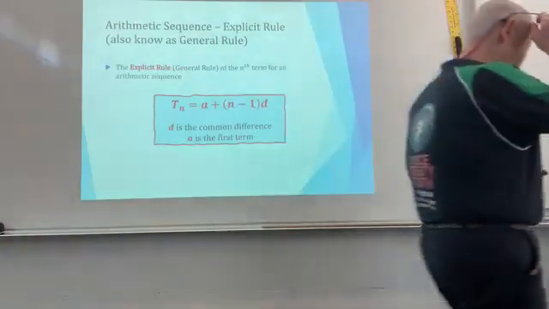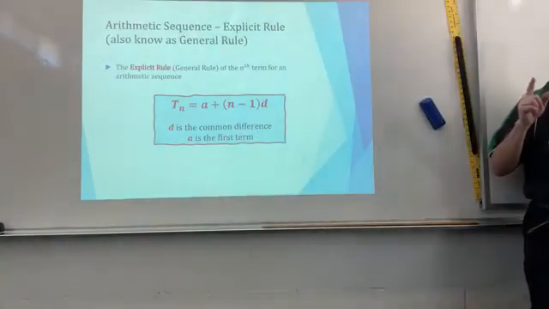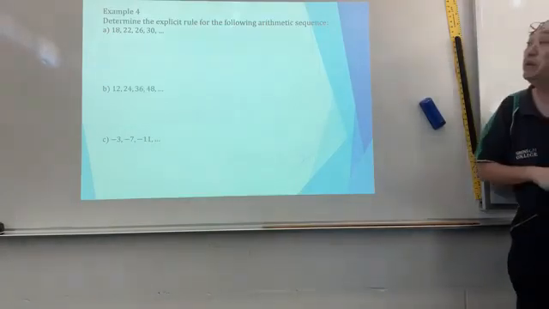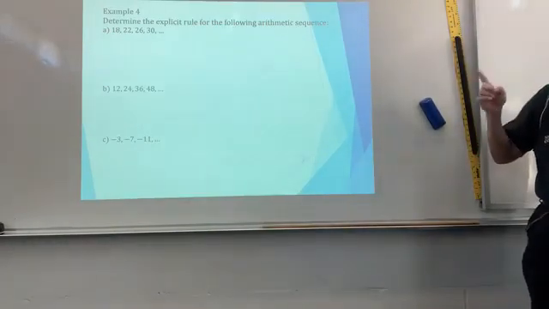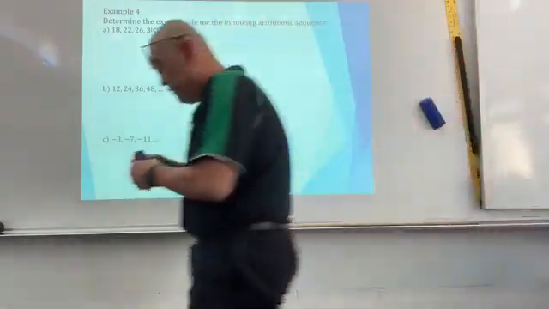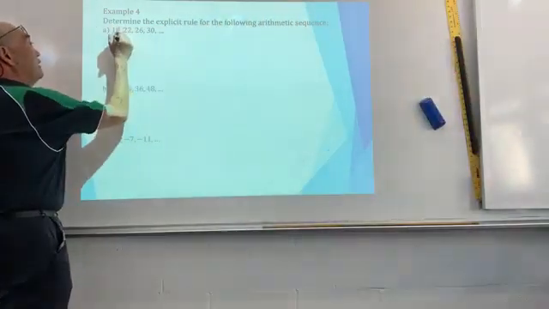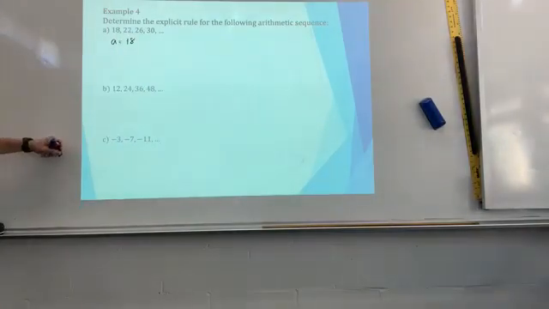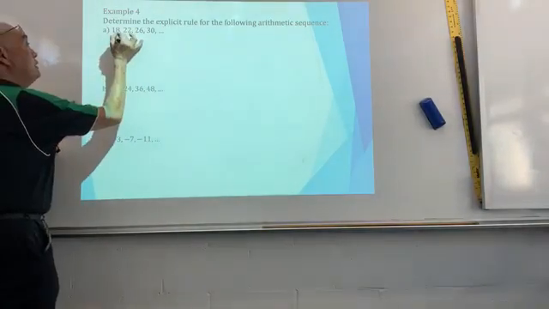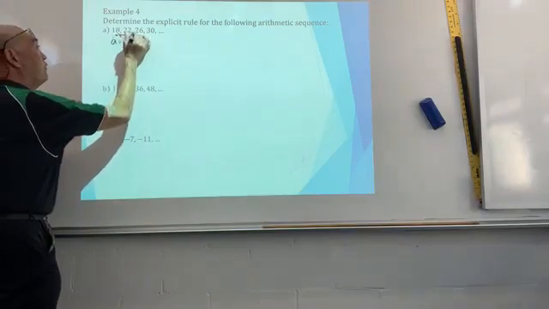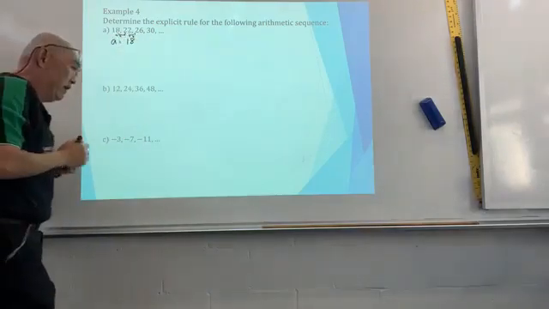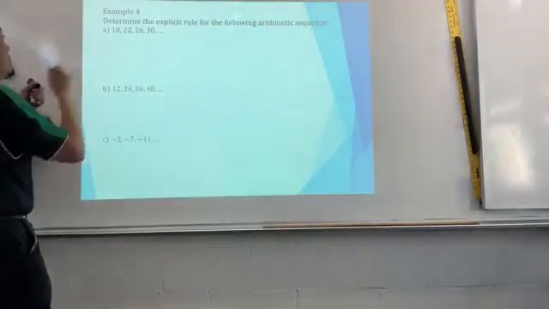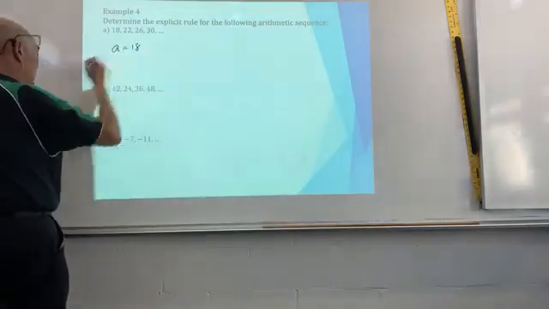All right, let's look at some examples. Can I move on? Yeah? Okay, let's look at some examples. So now here, you need to determine the explicit rule for the following arithmetic sequence. Start off from the first one. You know that A is equal to 18. Correct? You know the difference is plus 4. You know A is equal to 18.